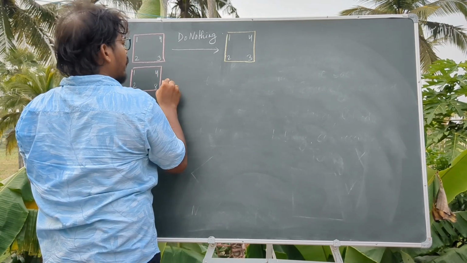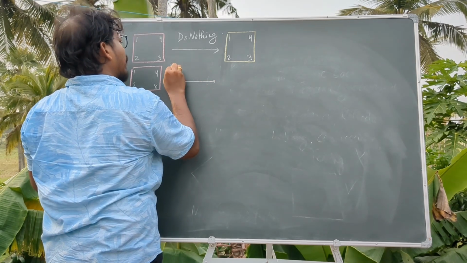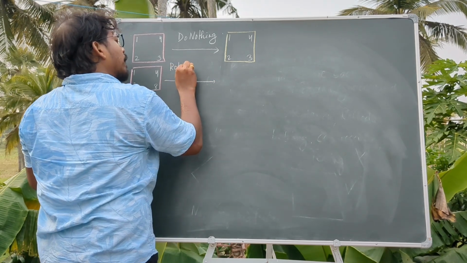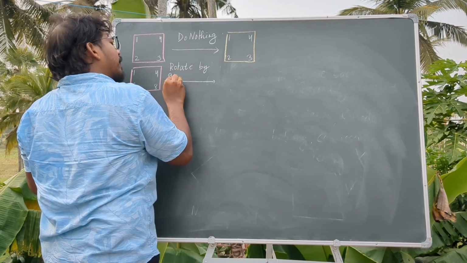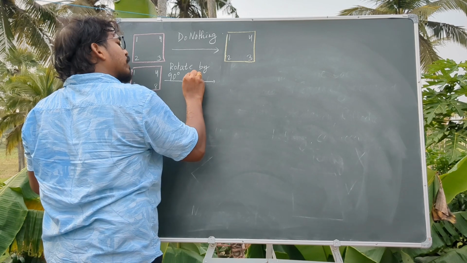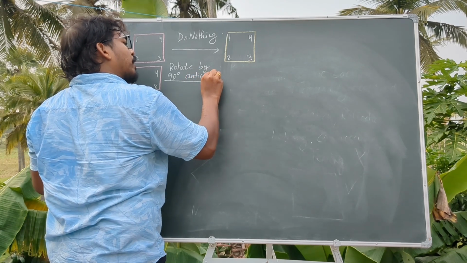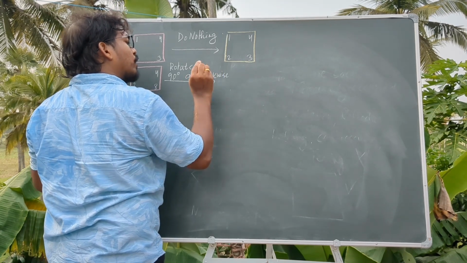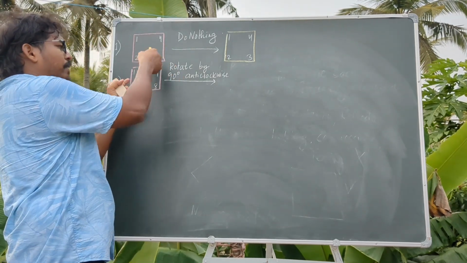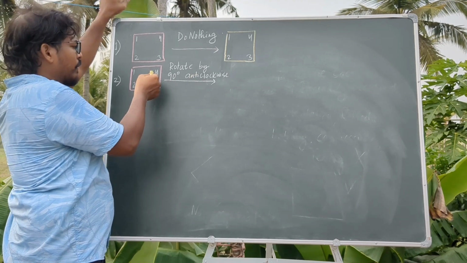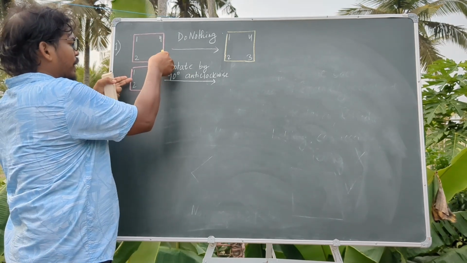Next we will rotate the square by 90 degrees anti-clockwise. You can rotate it clockwise, but rotating 90 degrees will fix our square.